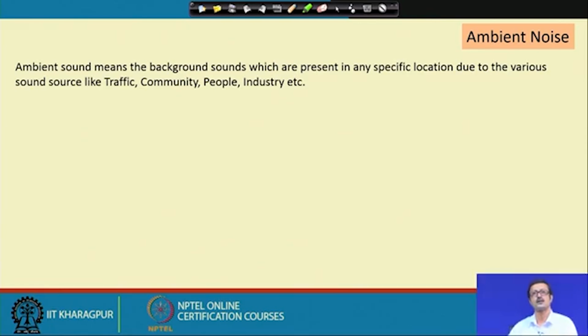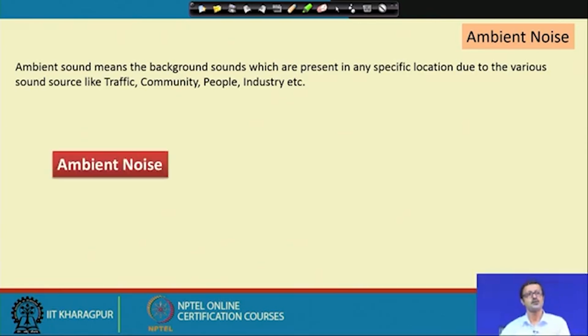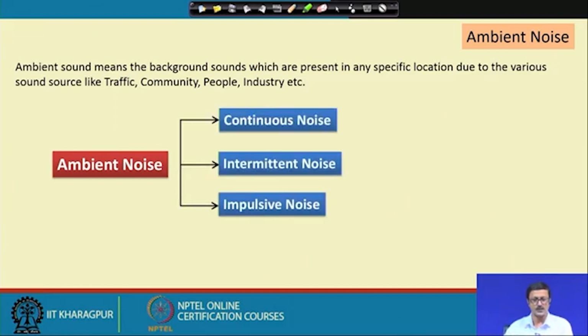Those are the typical definitions with which we can start with ambient noise. But ambient noise, if you just remember, is time specific and also nature specific. That means it has three types as such.